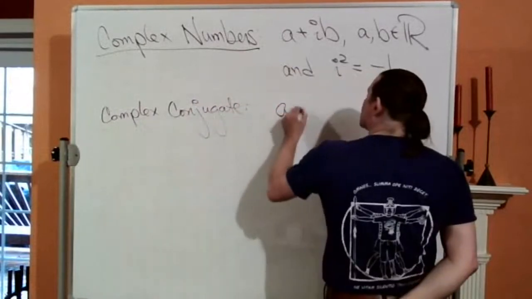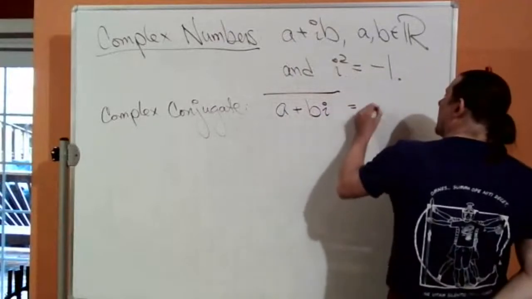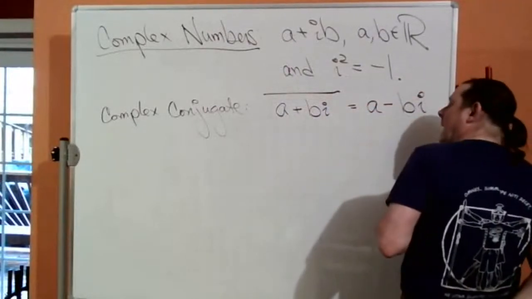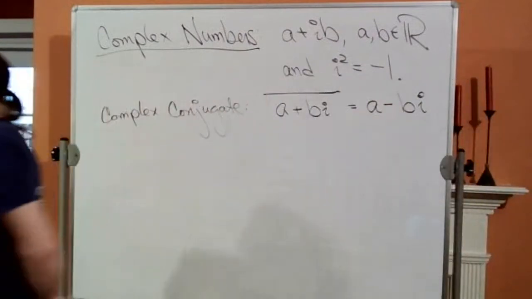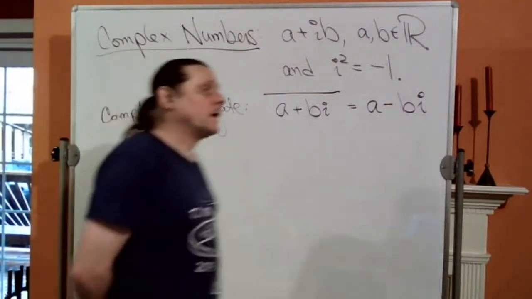All right, the complex conjugate of a plus bi is a minus bi. All we do is we change the sign of the i part. Okay?